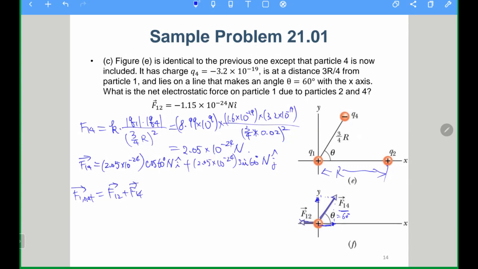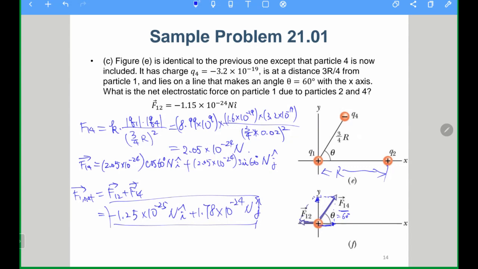And this number will be negative 1.25 times 10 to the minus 25 Newton i hat, plus 1.78 times 10 to the minus 24 Newton j hat. Okay, so this is the total force acting on particle 1. It will look something like this. This is F1 net.